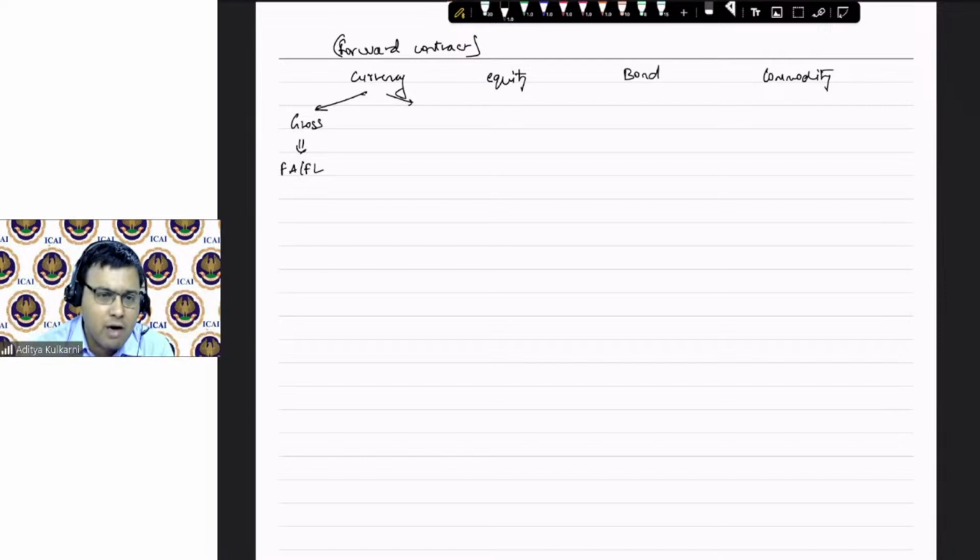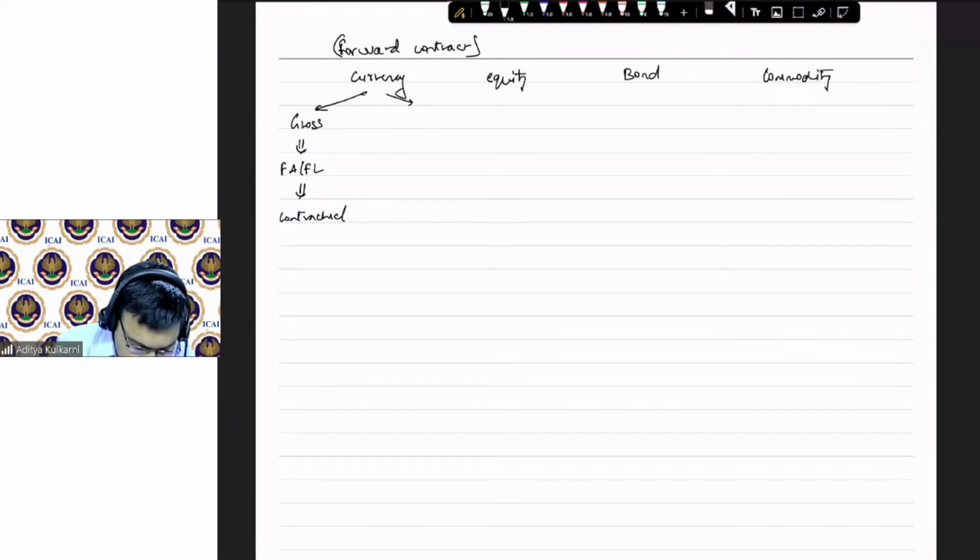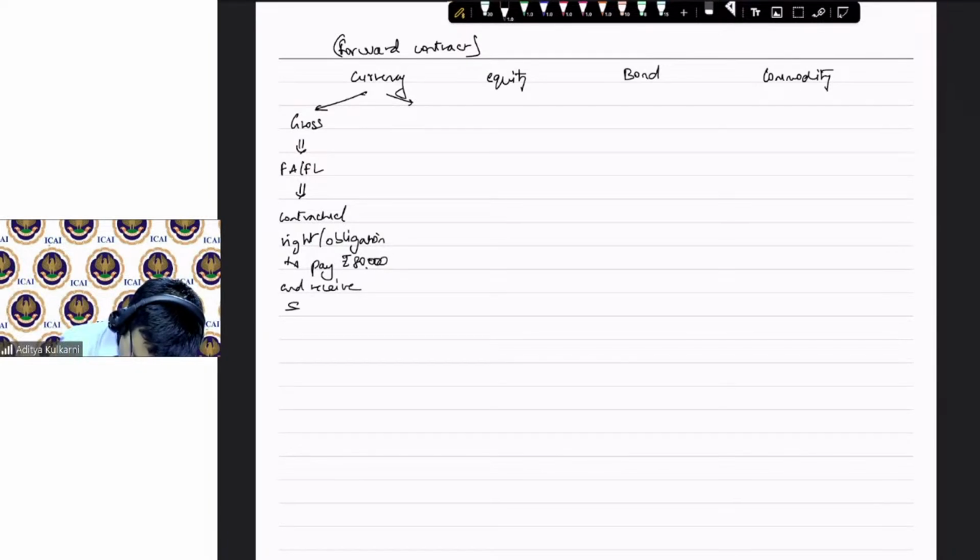Are you convinced about this gross settlement? What is this? This is basically a contractual right or obligation to pay rupees 80,000 and receive $1,000 at rupees 85 per dollar.